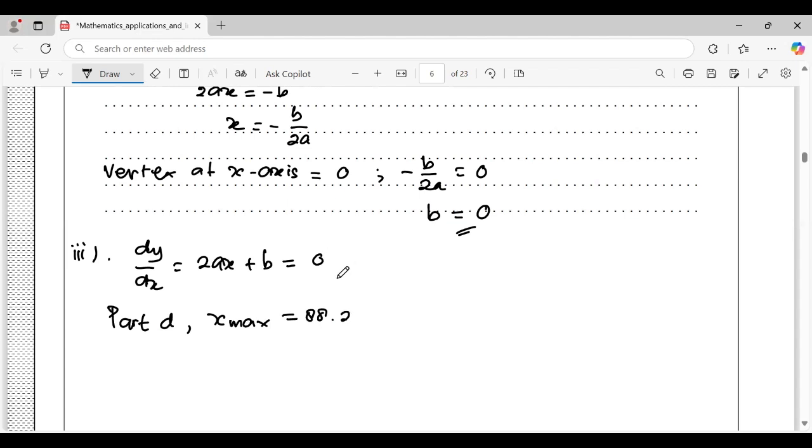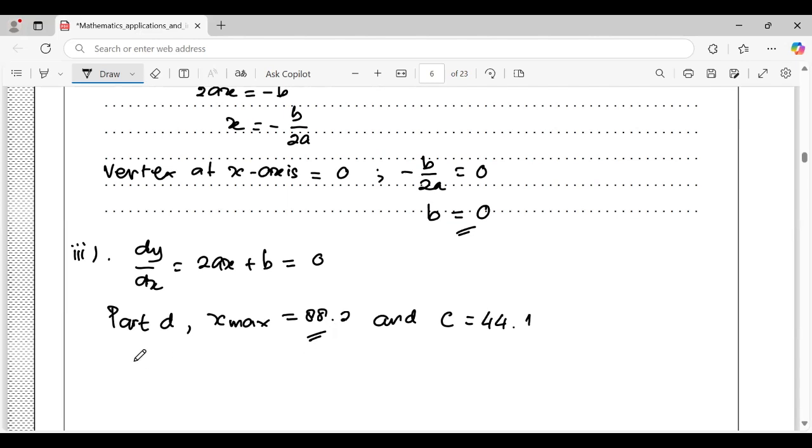You can evaluate part D, and according to part C it is 44.1, but we are going to use 88.2 as well.